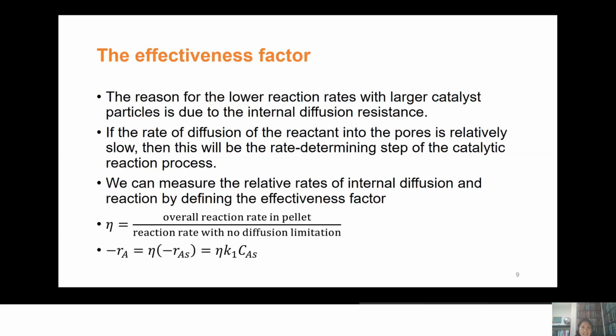The reason is that larger particles mean a larger distance for the reactants to diffuse inside to reach all of the active sites. If the rate of internal diffusion is lower than the rate of the surface reaction and the external diffusion, then the internal diffusion will be the rate determining step of the overall process.